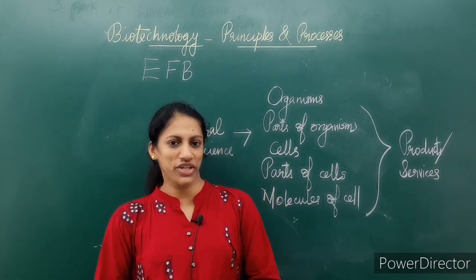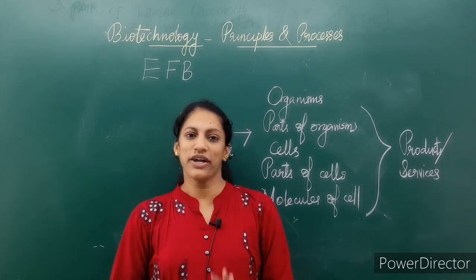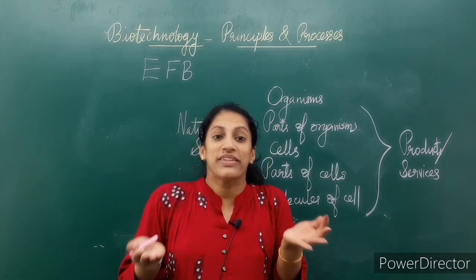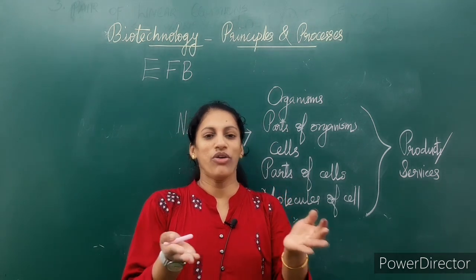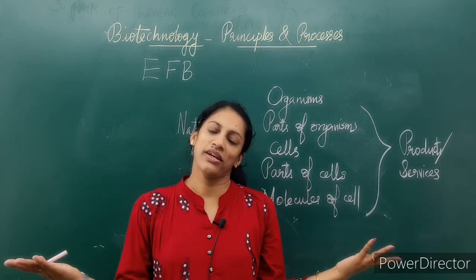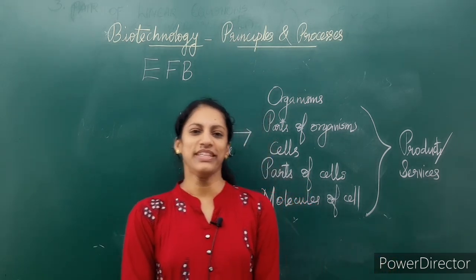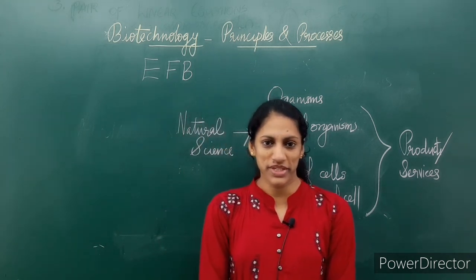Just study the definition as a good definition for biotechnology. Simply, biotechnology means utilization of living organisms or their products or parts in order to get beneficial products or services. Then let us move to the chapter.